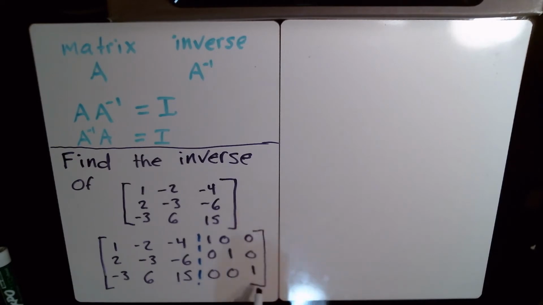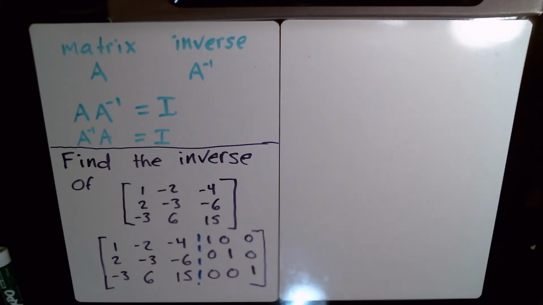Okay, so that's step one. We sometimes call this augmenting, when you throw another matrix into a matrix that you have. Okay, so we're putting the identity matrix in here because we want to end up, when we multiply this matrix by the inverse, with the identity matrix. Okay, so we're putting the identity over here because that's what I want to end up with.